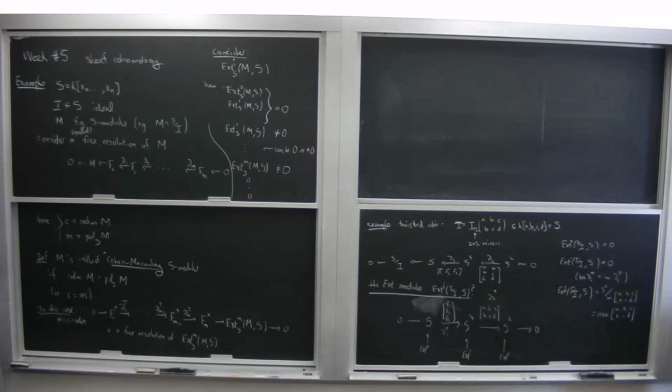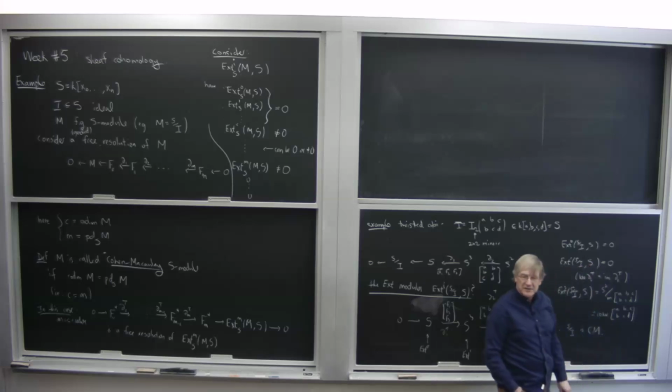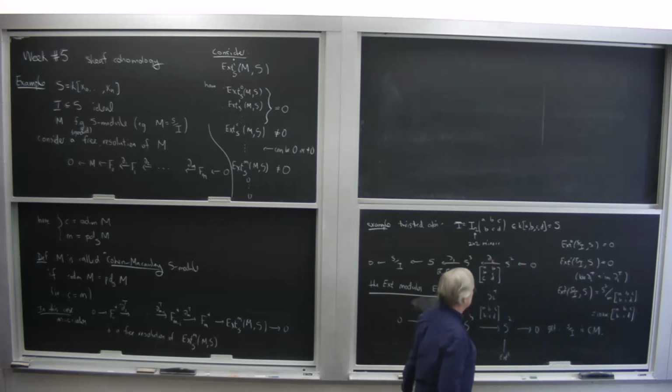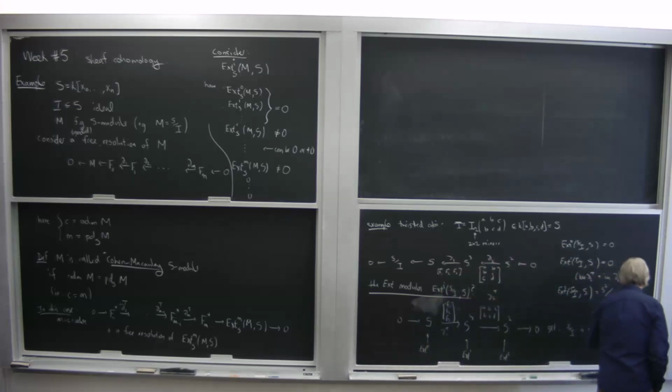Okay. So this is the Ext that we get, Ext^3 and so on higher. So we get by definition, in some sense, if we don't mind using that as the definition, that S/I is Cohen-Macaulay. I'll write CM. That does not mean complex multiplication, for those of you who do elliptic curves stuff, that's Cohen-Macaulay.